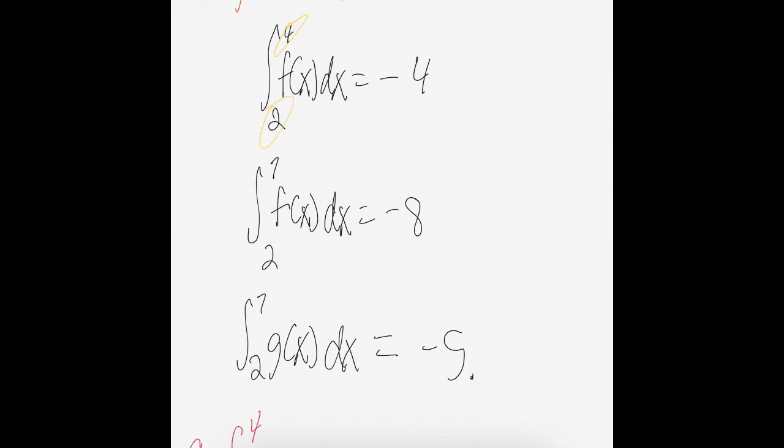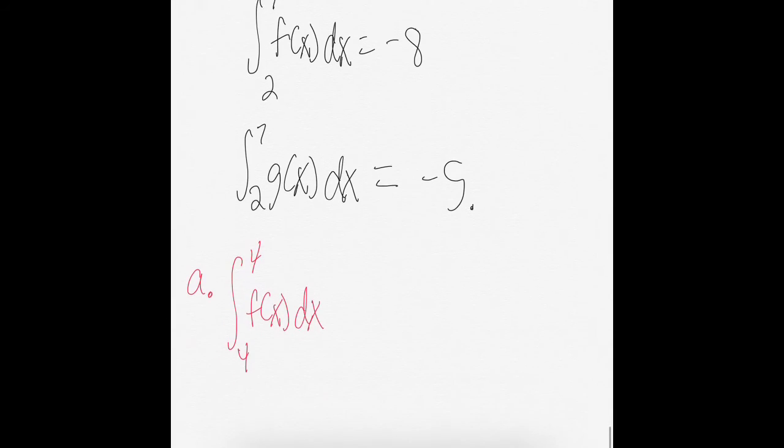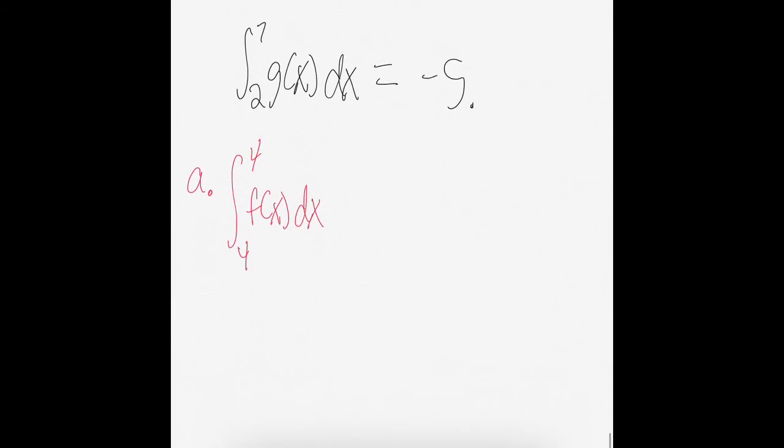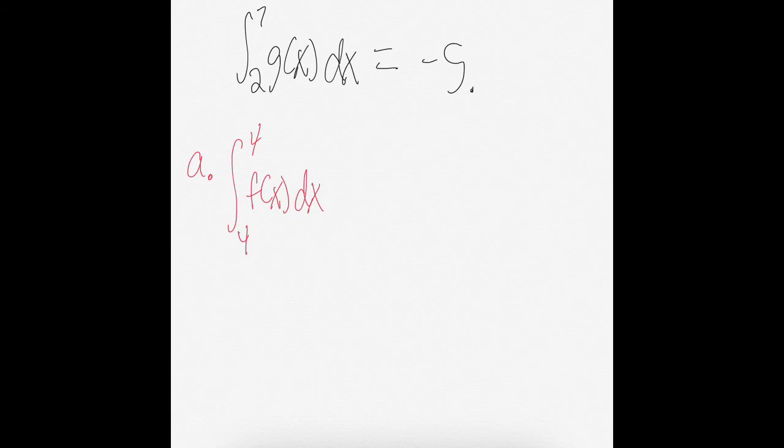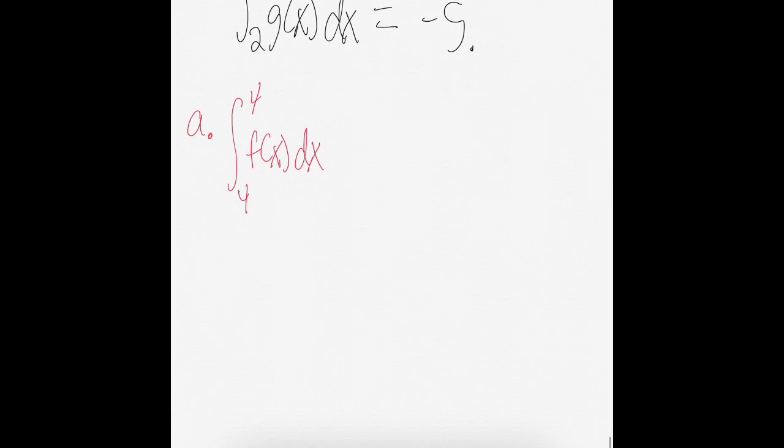Part A asks us to find the integral from 4 to 4 of f of x dx. So now we're moving into definite integral land because we're starting to see some bounds on these integrals. You see we've got 2 and 4, we've got these bounds on our integrals, and that's what makes these definite integrals.